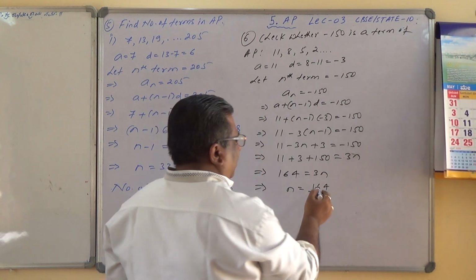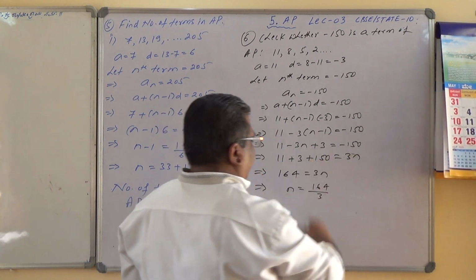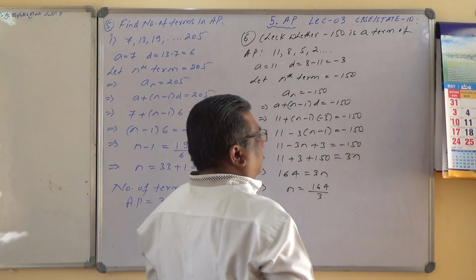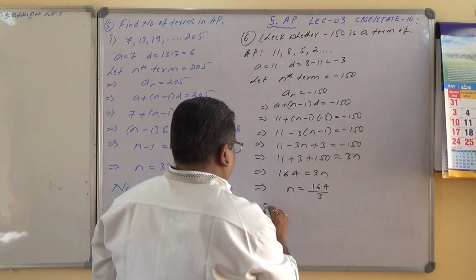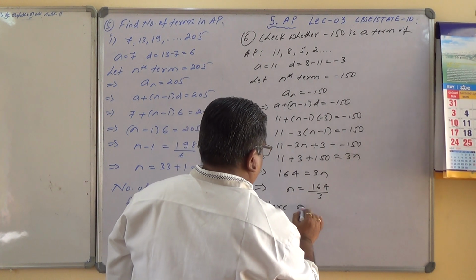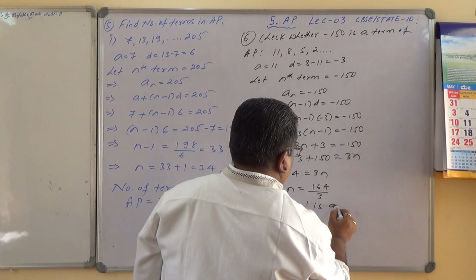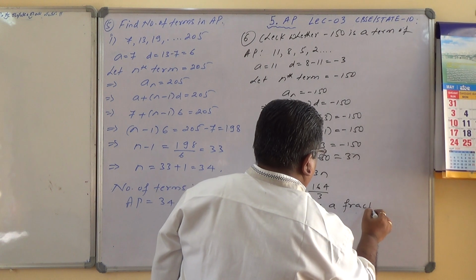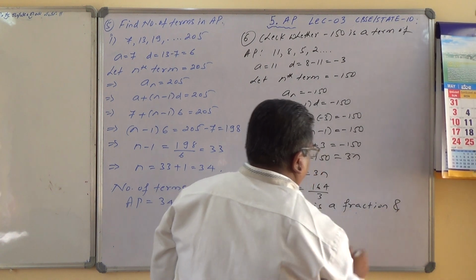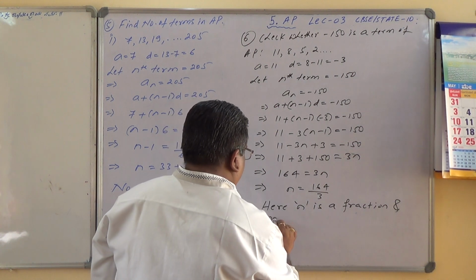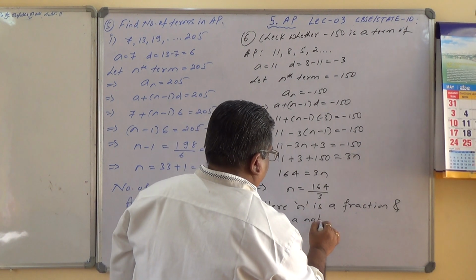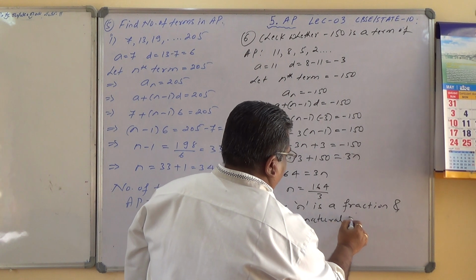Check, this is not a natural number. Therefore n here is a fraction, and not a natural number.